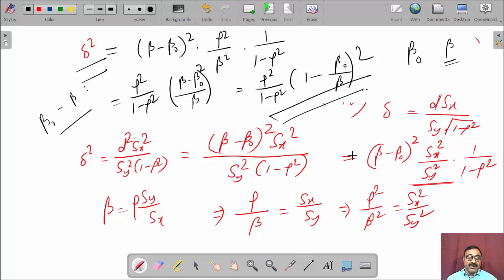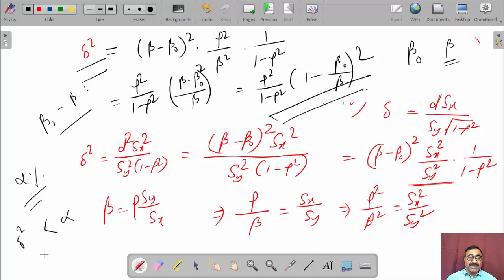Suppose we want the relative increase in the variance to be less than α%, which means that δ² less than α.